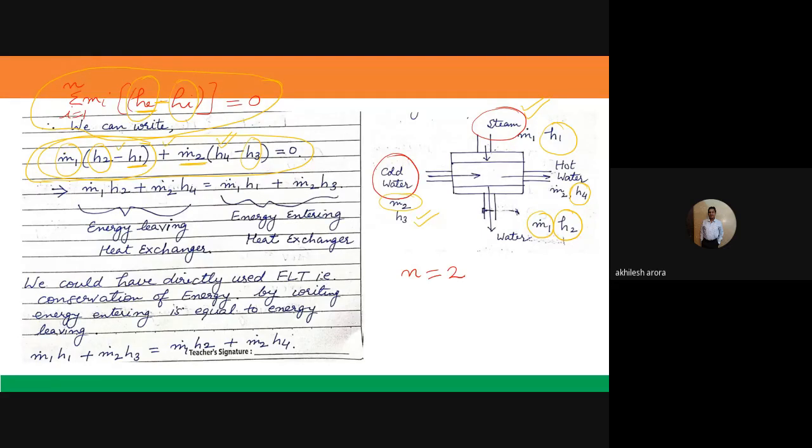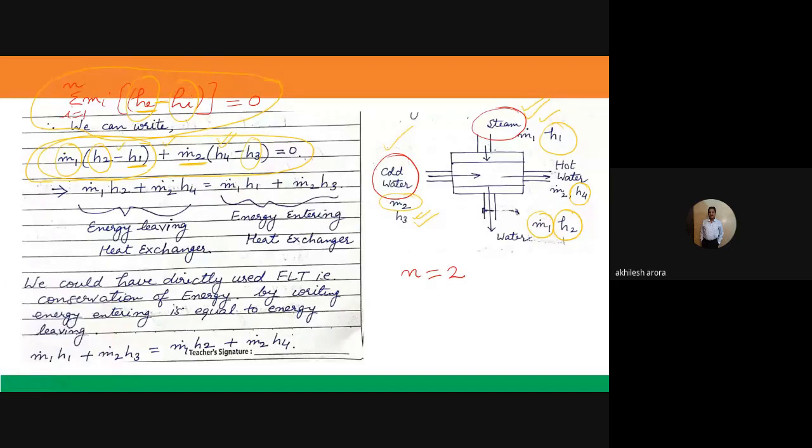Okay, then what I can do, I can combine different terms in such a way that the energy which is entering into the control volume should be equal to the energy which is leaving the control volume. Now what are the entry terms? So you can see it is the m2h3 and m1h1. You can see I have written it on the right hand side.